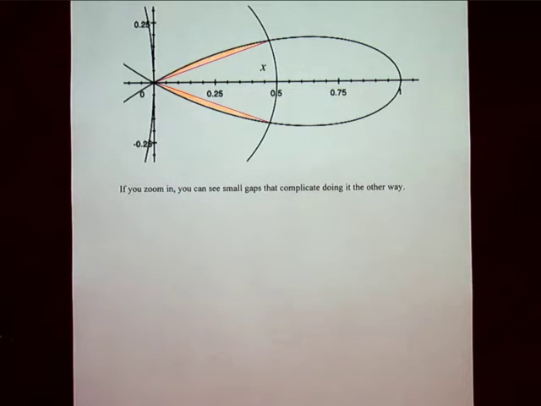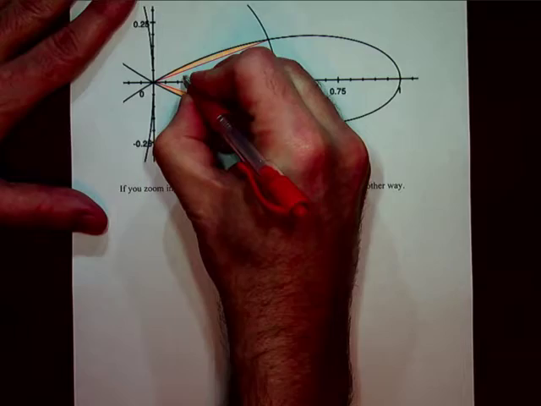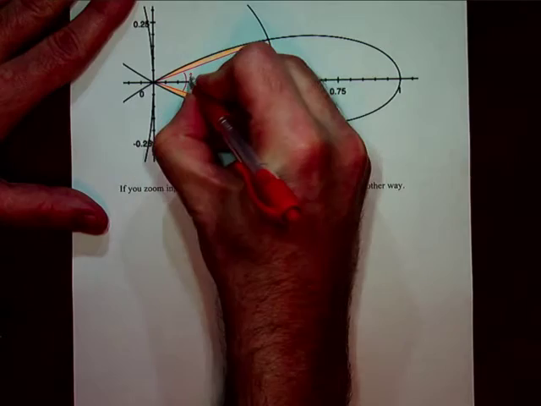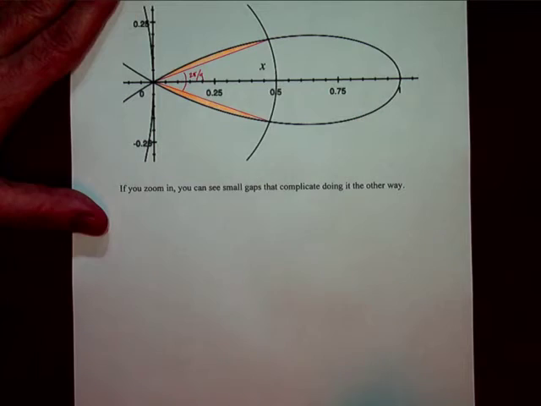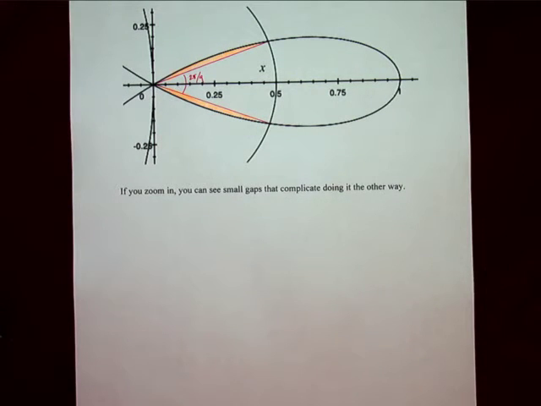Now, of course, the circle can be done numerically, because if that's between negative pi over 9 and pi over 9, then this is 2 pi over 9, which is just your theta value.